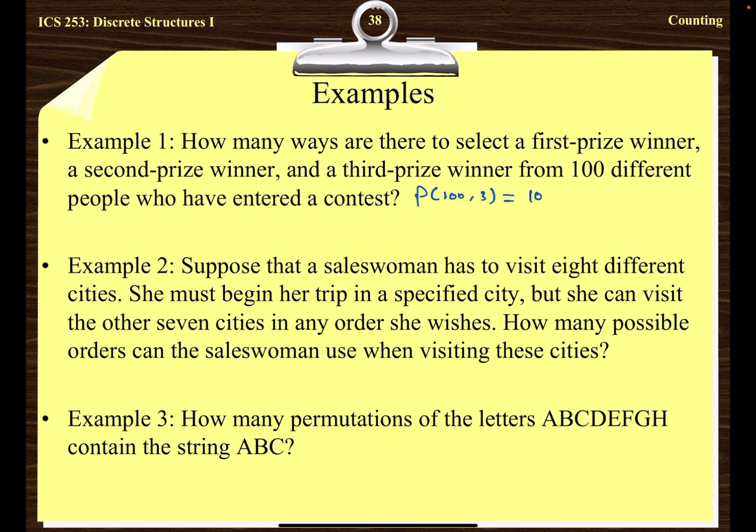Which is 100 multiplied by 99 multiplied by 98, which is 100 factorial divided by 97 factorial. The most important thing is you should know this one. You will see that we are going to use all these techniques in chapter 7.